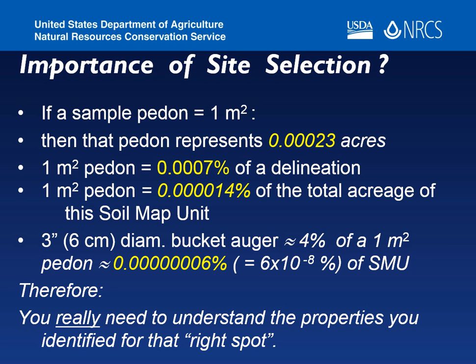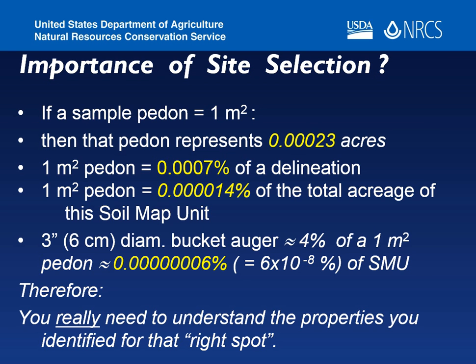So each one of those PEDONs that you write a description on or collect data on is only 0.00014% of the total acreage of the entire soil map unit, not the component, just the soil map unit. And then when you consider that you don't look at that whole square meter unless you dig a pit, you typically look at an auger, and that auger is about 6 centimeters. It's about 4% of a square meter.